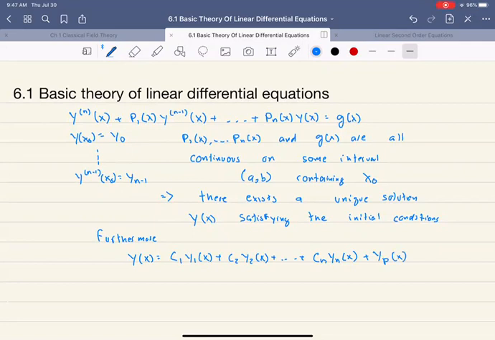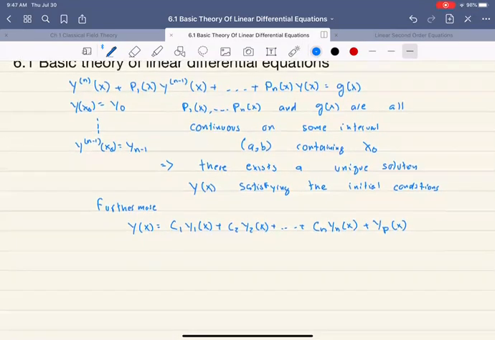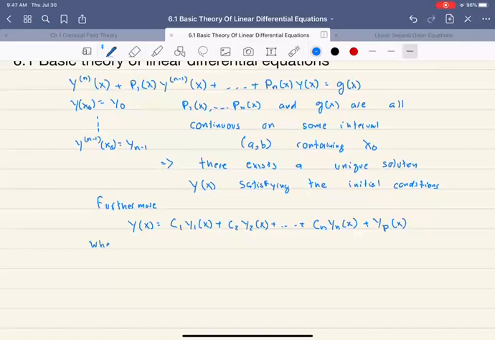Where? What's going on? The y sub 1 through y sub n, those satisfy the homogeneous equation.